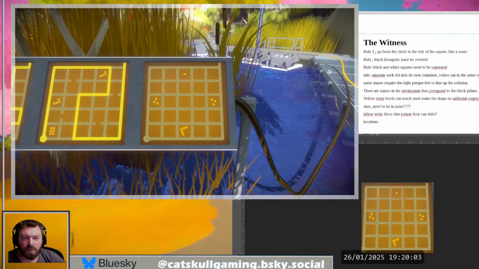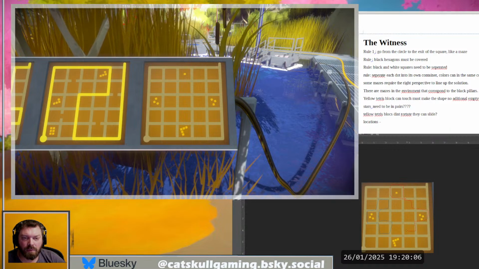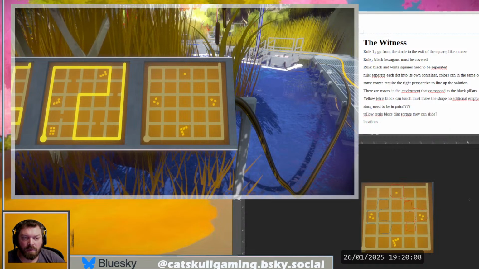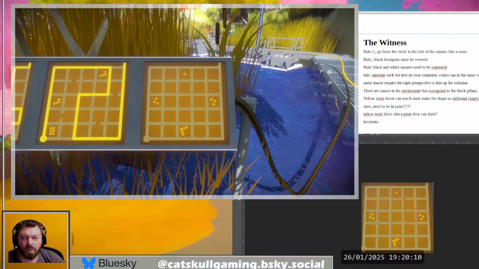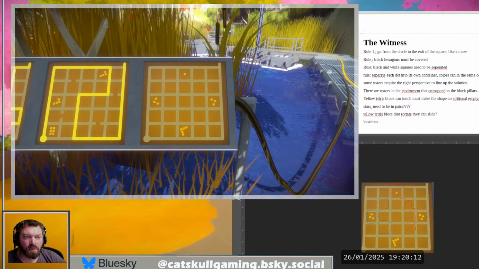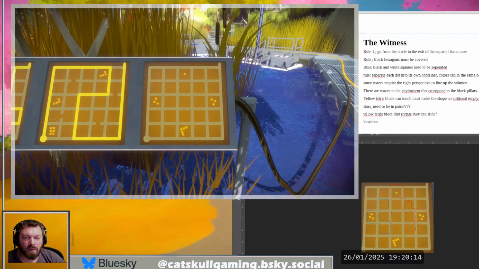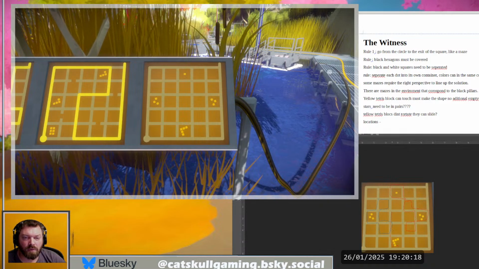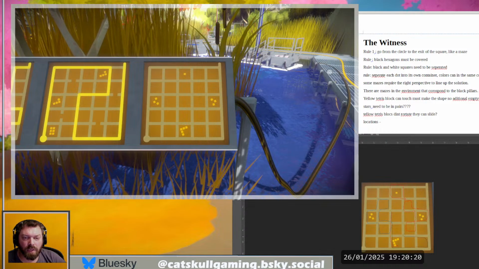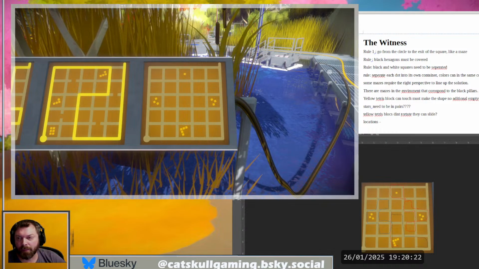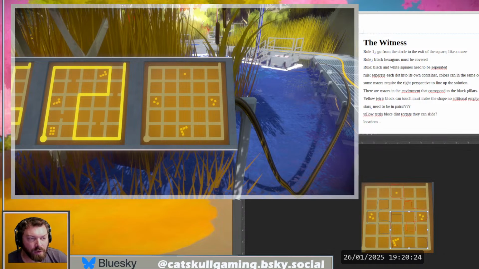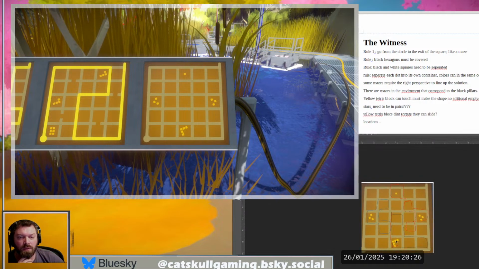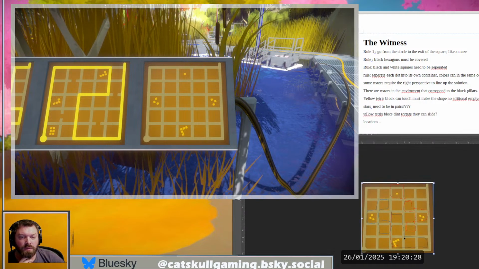And we have our next shape. Our last shape. All right. So now, hopefully, this is going to be a nightmare.